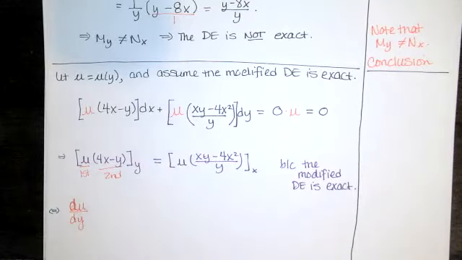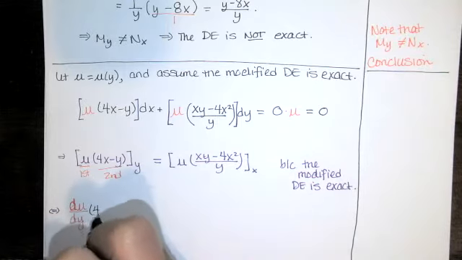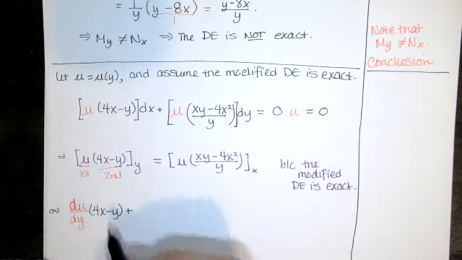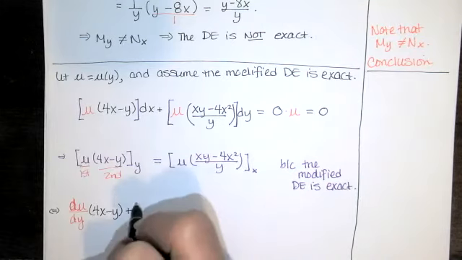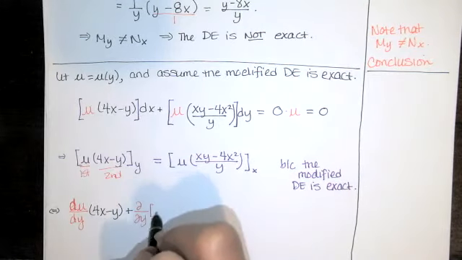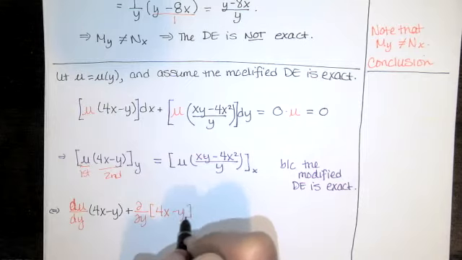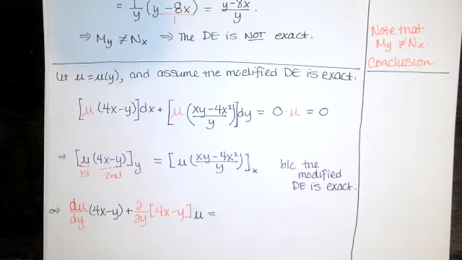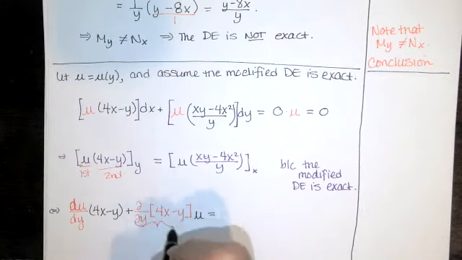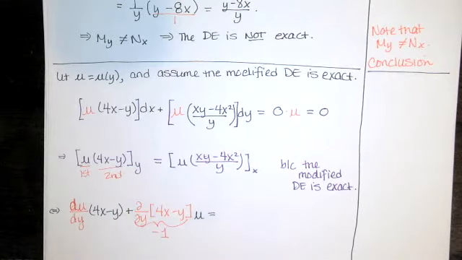Derivative of the first times the second, undifferentiated, plus the derivative of the second function with respect to y, times the first, undifferentiated. And of course, the derivative of this is -1, as we've already discussed.